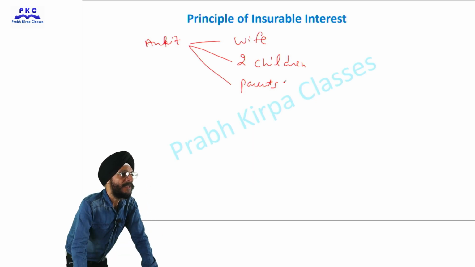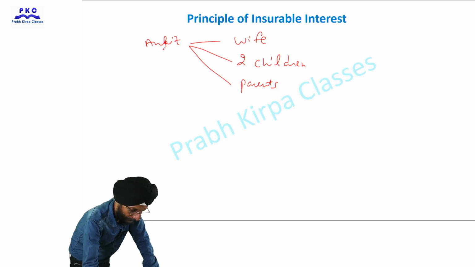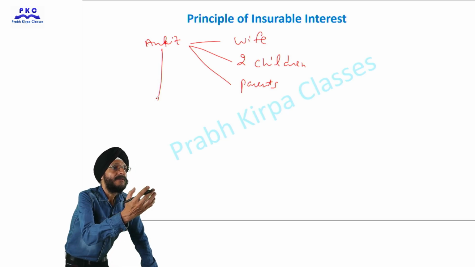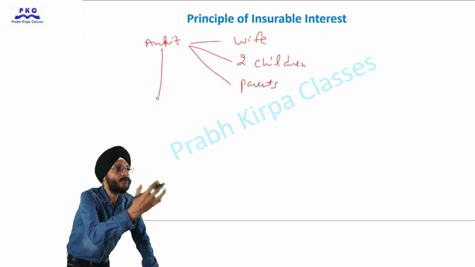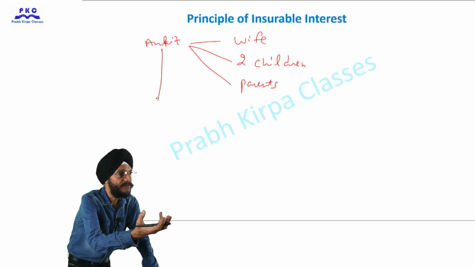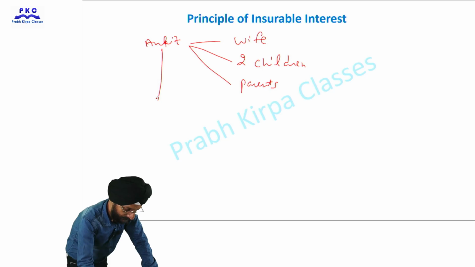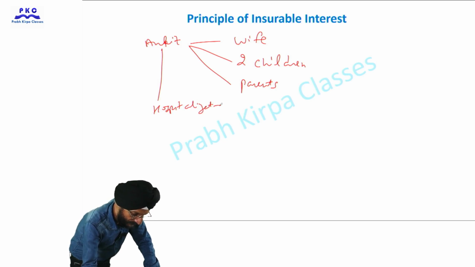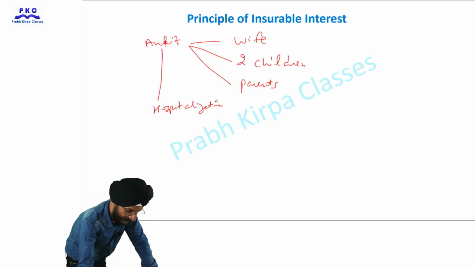It may be possible that Ankit himself may get hospitalized due to some reason, a medical problem, or it may be possible that due to some accident he may die.